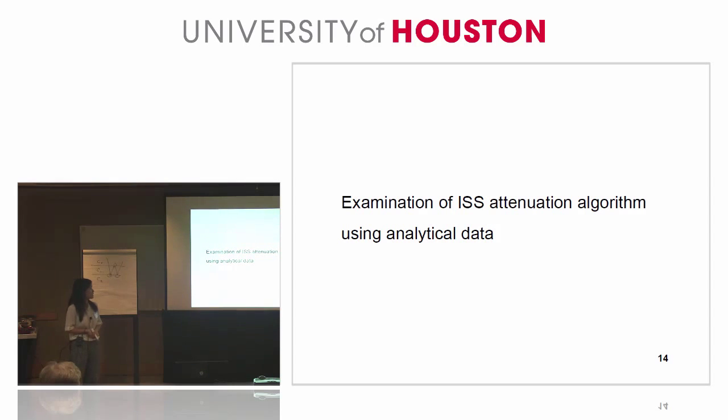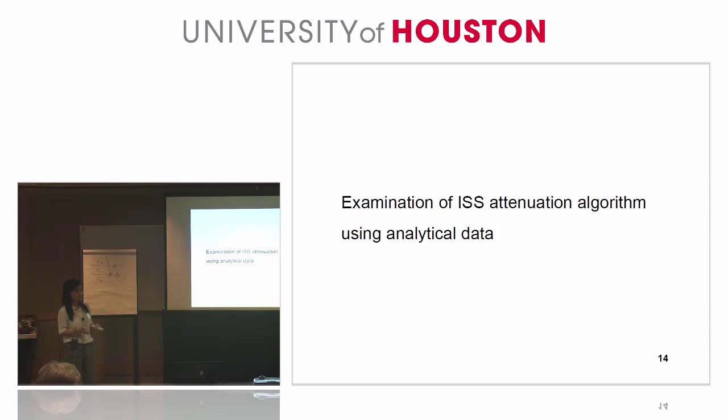In this part, I will give you the model. Then we can analytically express both primary and internal multiples. And after that, we can put this analytical data into the ISS internal multiple attenuation algorithm to have the analytical prediction result.